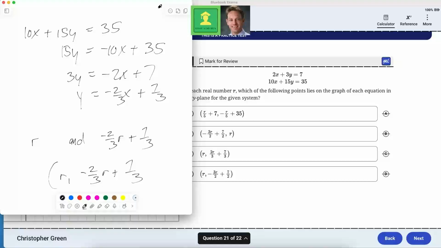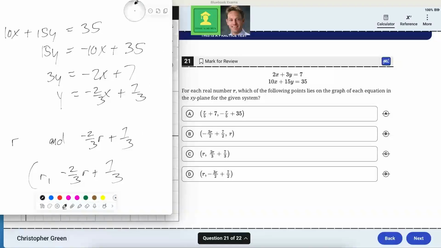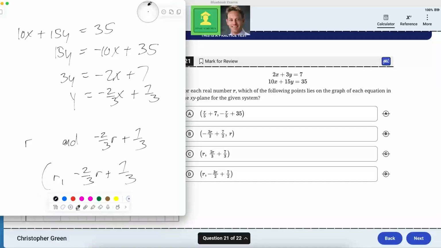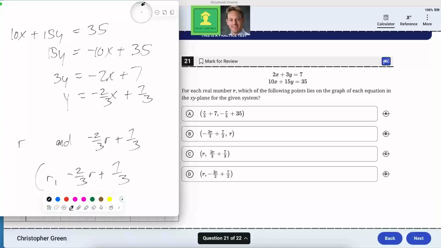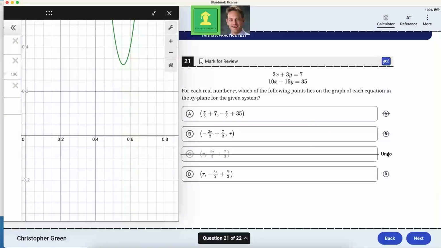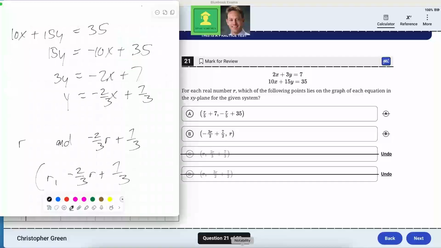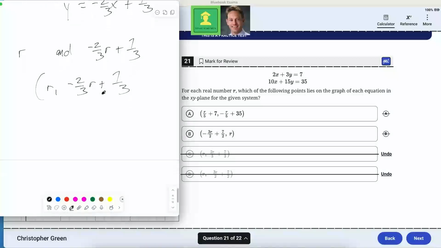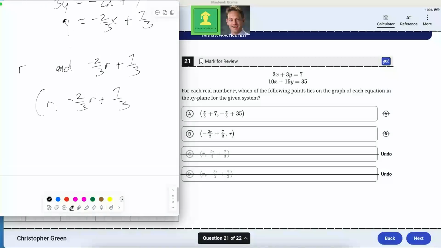Close, but no, right? It's not C as in cat, and it's not D as in dog. So these are gone, but it looks like what's happening is they actually want you to solve for x in terms of y, which is kind of a bizarre way of writing it, but that must be what to do here.